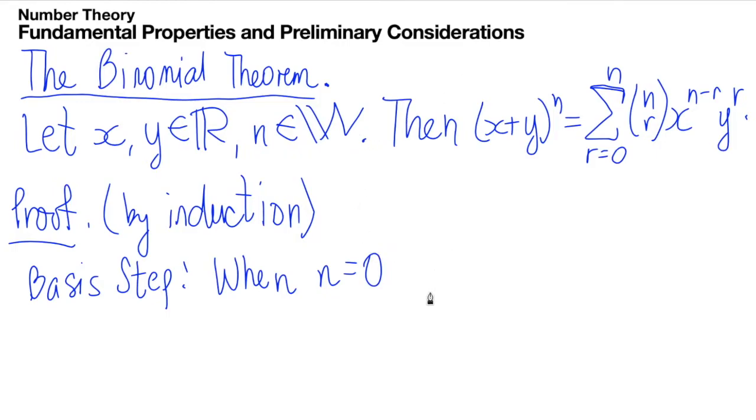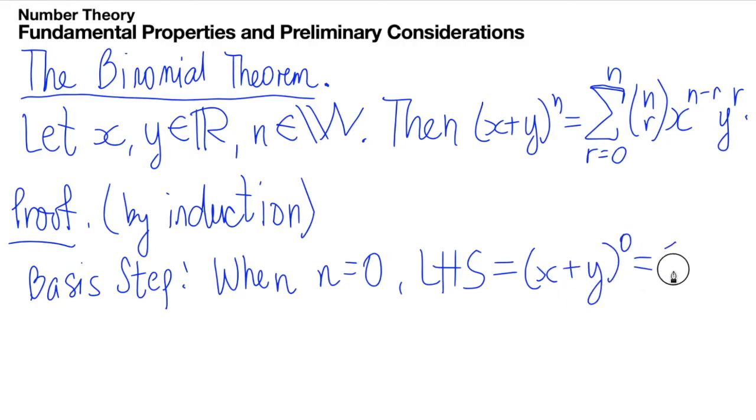So when n is 0, we have our left hand side, which is equal to (x plus y) raised to 0, and we know any number raised to 0 is equal to 1, for all x and y in the real numbers.